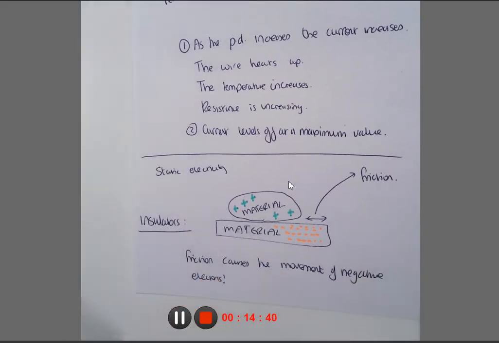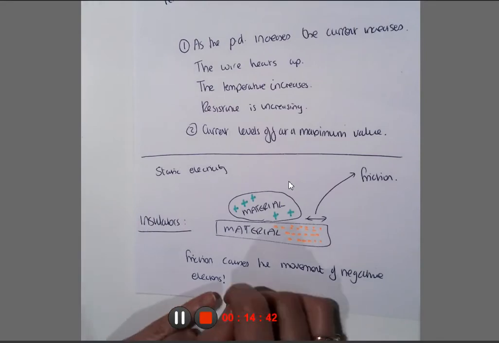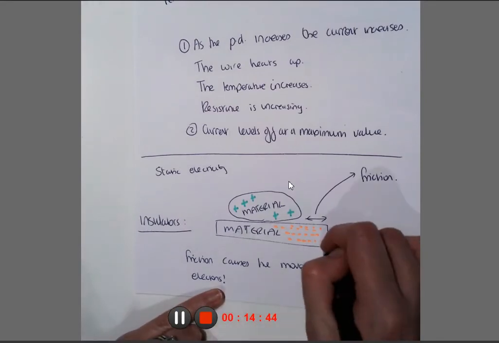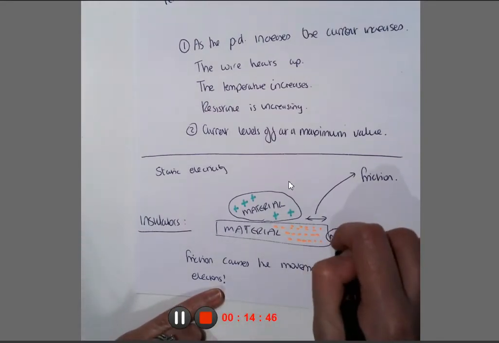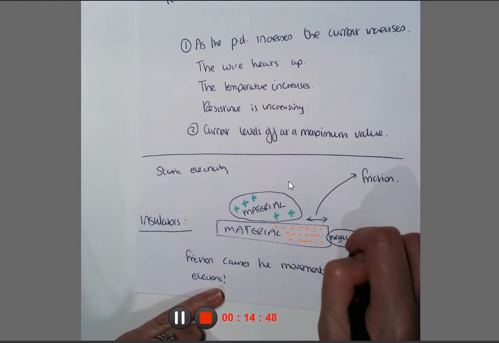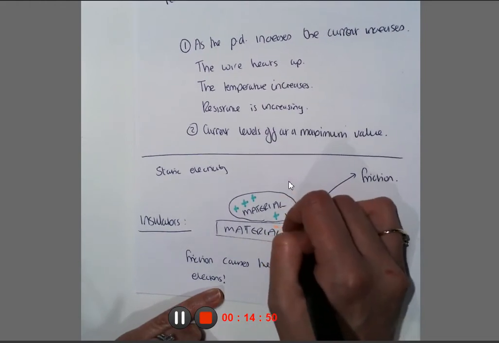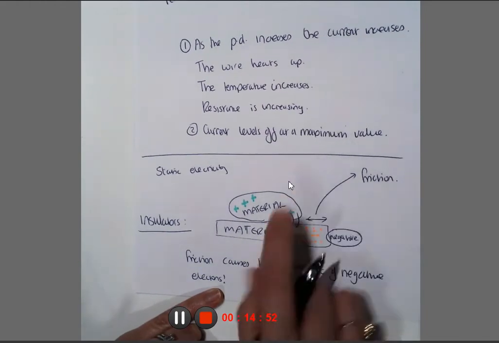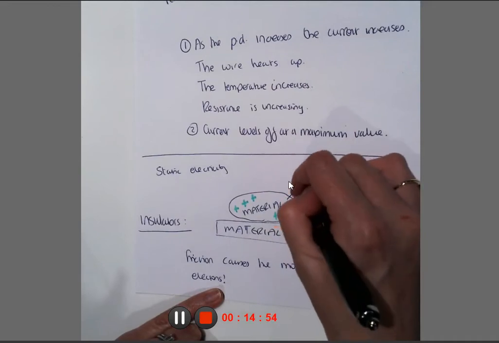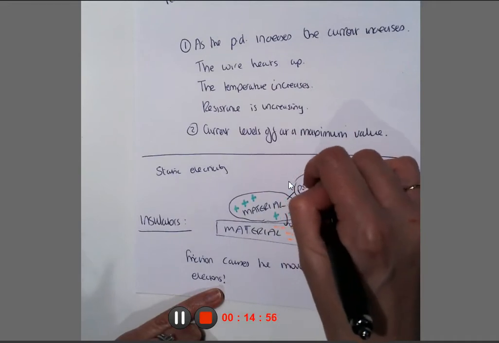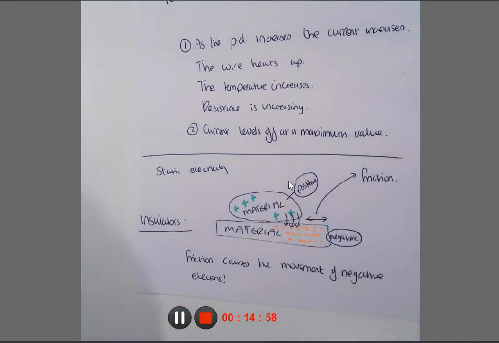Okay? So friction causes the movement of negative electrons. That causes this material here to become negative, and because the electrons went from here to here, that leaves this one being positive, and they will now attract each other.